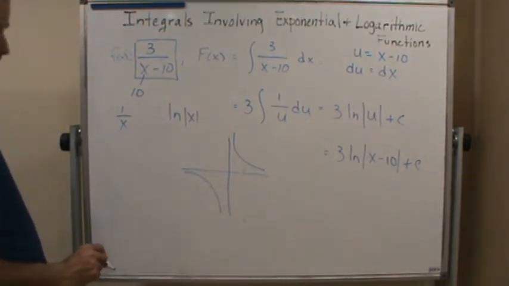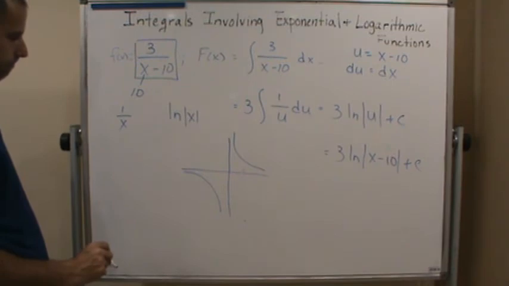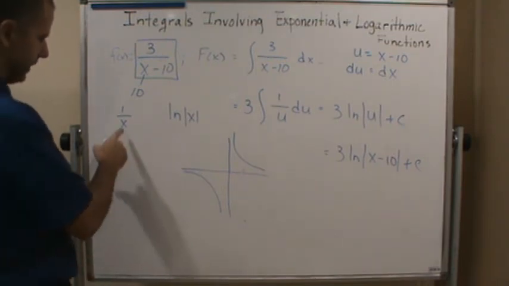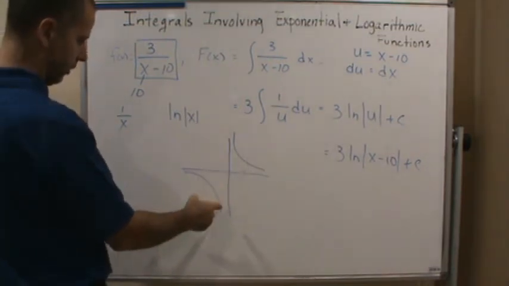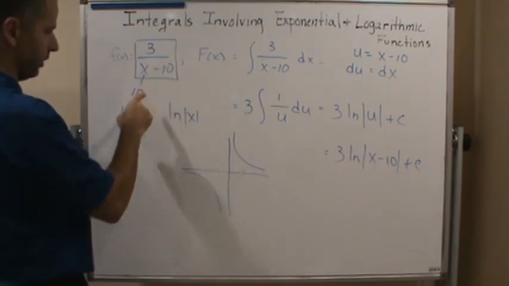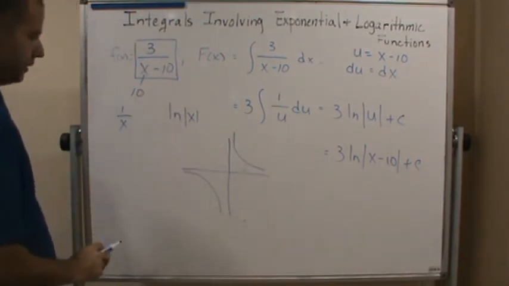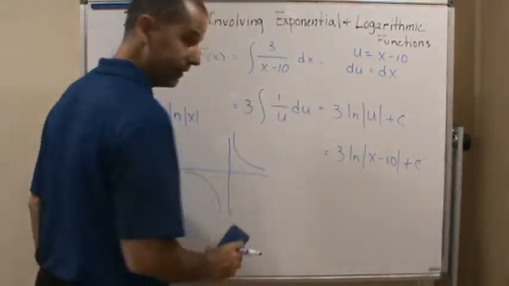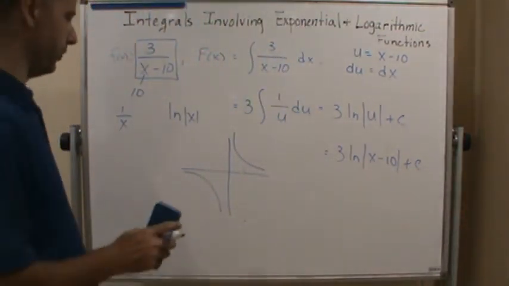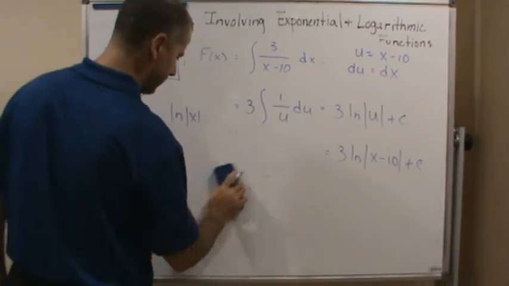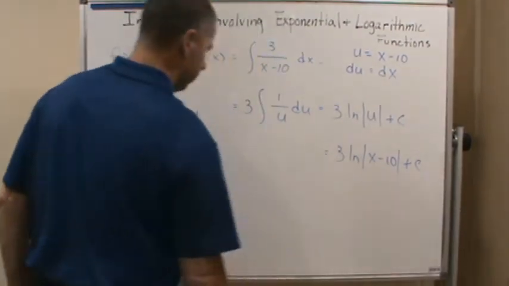Like that. Okay, so in this case here, it can't cross 0, but in this case it's a translation, so it moves over to the right 10 units. Again, I'm assuming you guys know how to do this from previous classes, but it bears repeating.